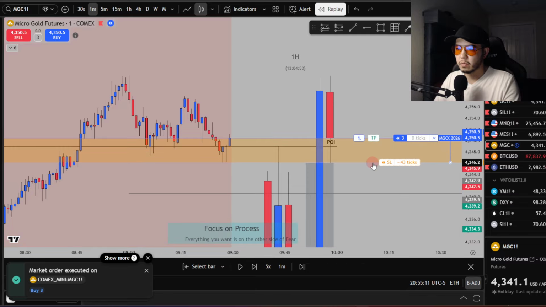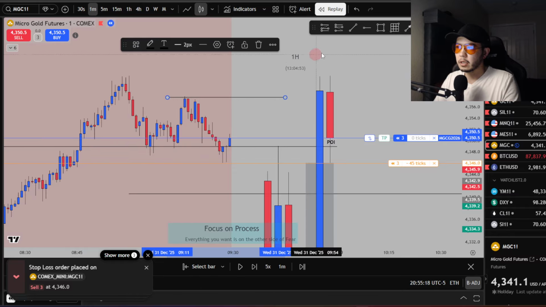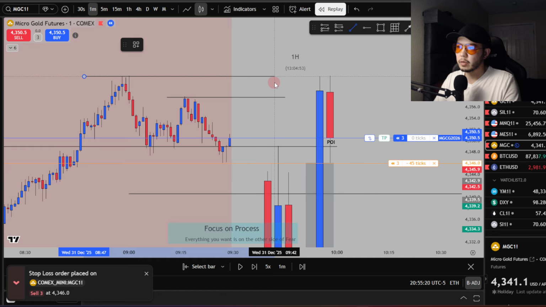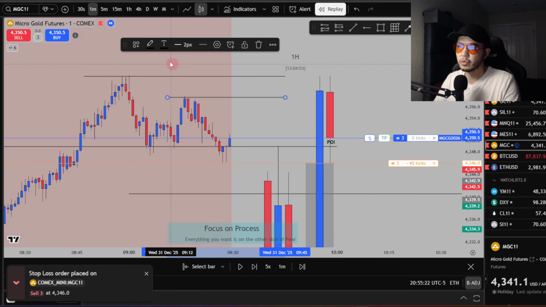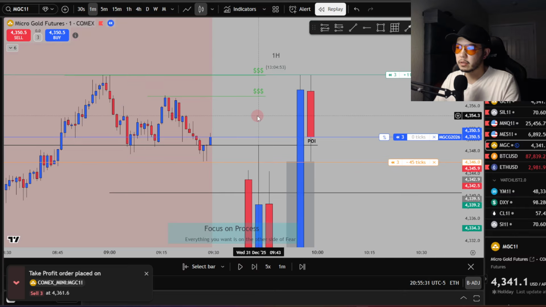Put your stop loss right below here. Then you can take profit in here, and you can also take profit in here. Those are two take profit areas, and then your final take profit.